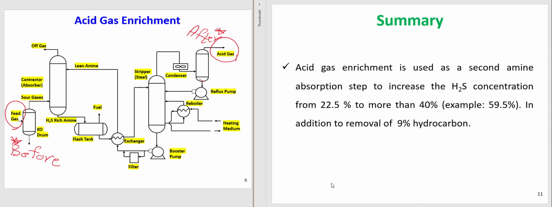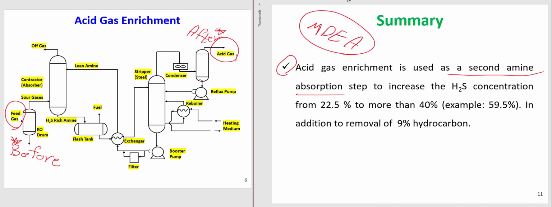So that was almost all about this process. As you saw, it was a very short unit. So as a summary, acid gas enrichment is used as a second amine absorption. It uses MDEA as a solvent to remove CO2 from H2S. So it will increase the concentration of H2S in the acid gas stream from 22.5 to more than 90%.